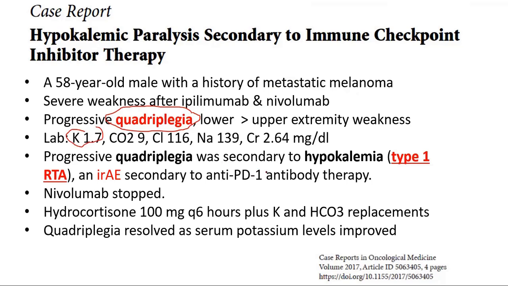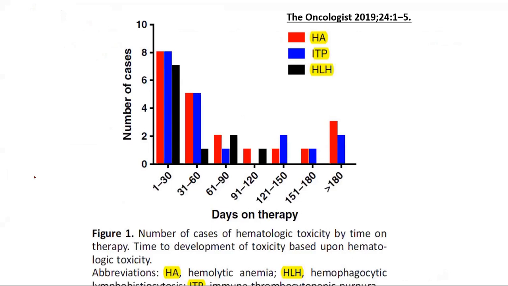It turns out they finally determined this patient developed type 1 RTA, which stands for renal tubular acidosis. There are different types. Type 1 and 3 cause very low potassium, and type 4 causes high potassium. So this patient developed RTA and extremely low potassium, which caused him to be paralyzed. So you can see some of these side effects can be really, really critical and fatal, and the mechanism is different.